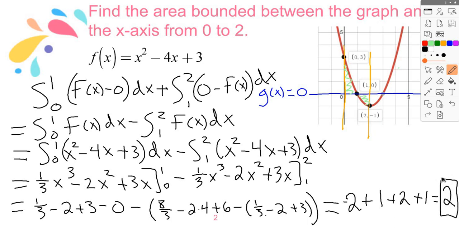Because notice, that kind of makes sense because these aren't triangles, but if I made them triangles, this has a base of 1 and a height of 3, so my area would be 3/2, which is 1.5. This area is 1 by 1, which means it would have an area of 1/2, so 1.5 plus 1/2 gives us approximately 2. So, which is why I was saying nope, 6 is way too big there.